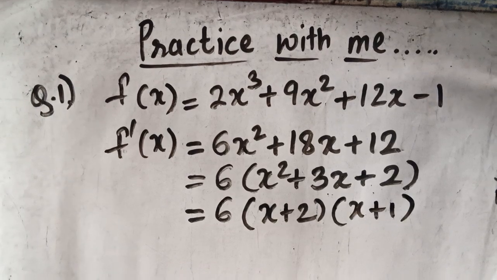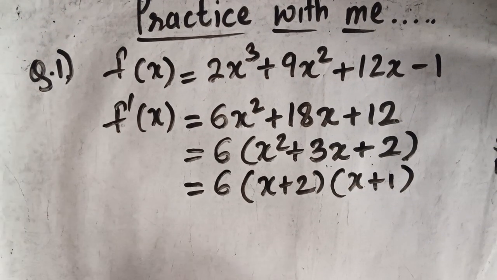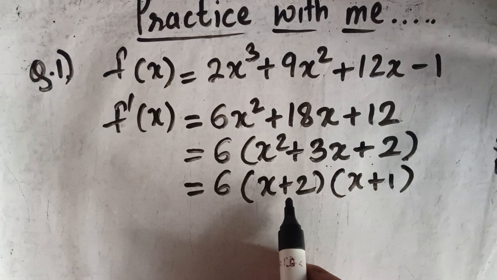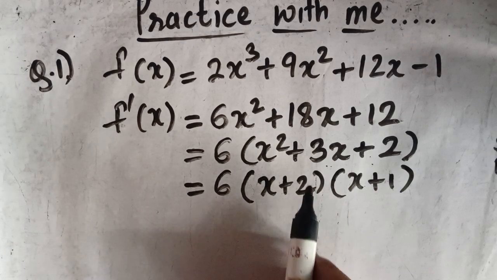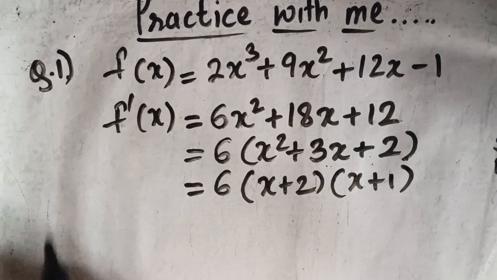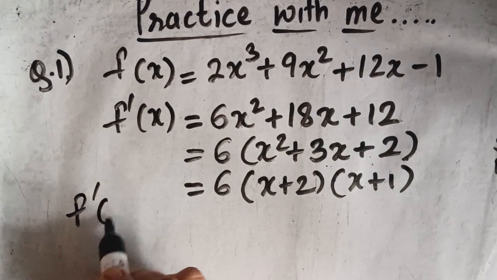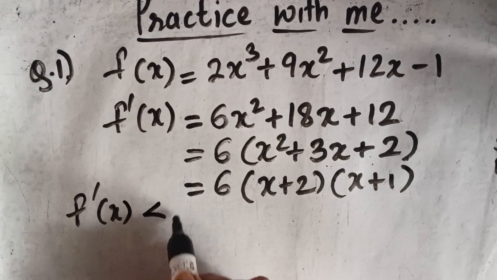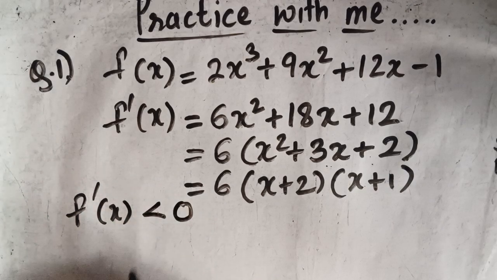Now you have to check for the interval on which this function is decreasing. So you have to find the values of x where f dash of x is less than or equal to 0.